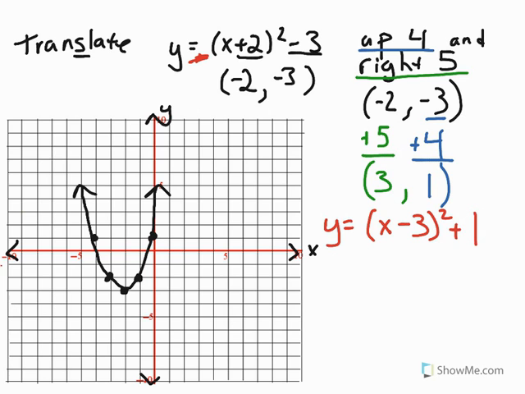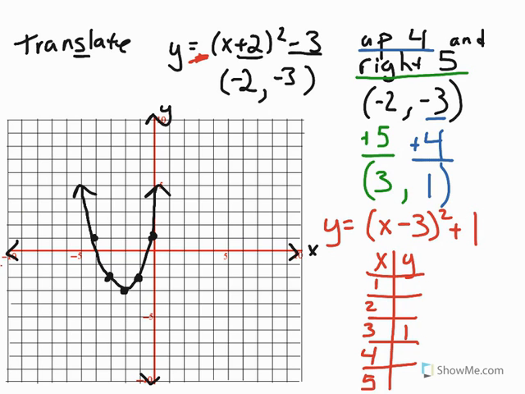And to graph this one, we're going to create a table as well. So x and y. And again, I like to use 5 points for my parabolas, with the vertex being the middle point. And then I do 2 points to the left, and 2 points to the right.